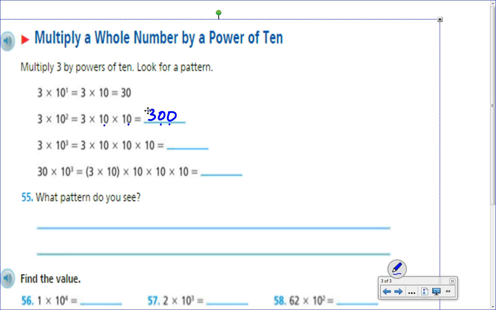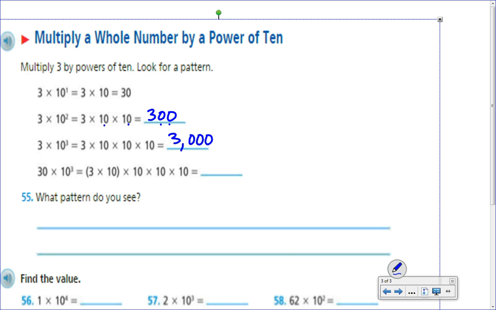Remember, I want to see if you can make that connection from what we did in class today, from our 4th grade multiplying with zeros to 5th grade. 3 times 10 to the third power is 3,000.